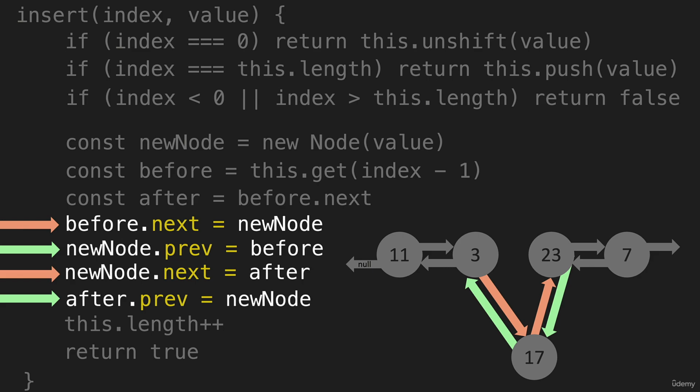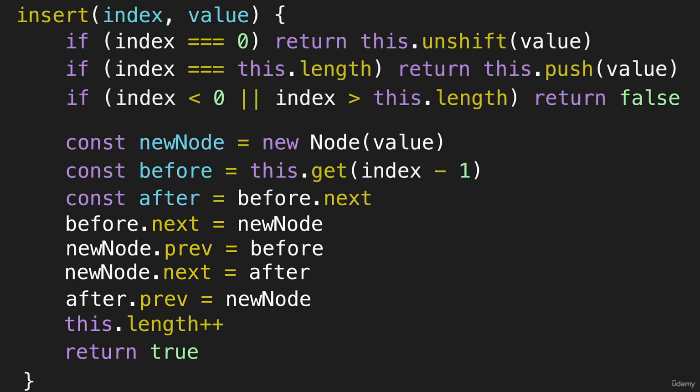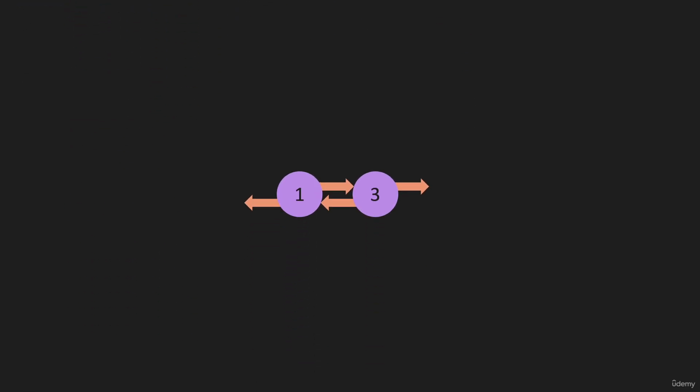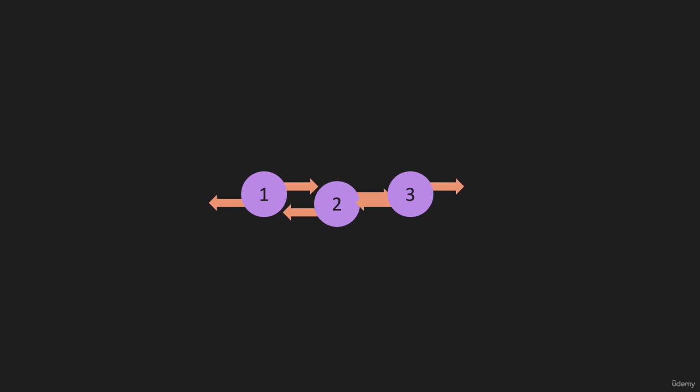Otherwise, this is completely the same as the insert method for a singly linked list. We'll look at this code in DevTools in a second. But we're going to start out by creating this linked list with 1 and 3. And then we're going to insert a node at the index of 1 with the value of 2, just like that. So the new linked list will be 1, 2, 3.